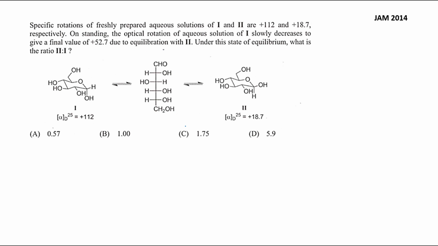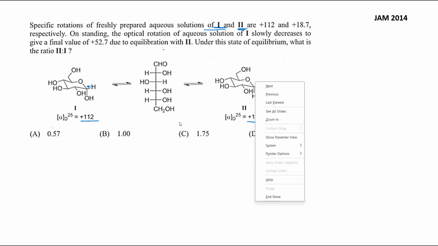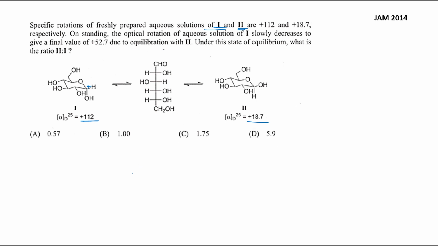Specific rotation of freshly prepared aqueous solution of 1 and 2. So 1 is plus 112, and for the other one, that is 2, it is plus 18.7. Now see, these two have all the same chiral centers, only this chiral center is different, where OH is axial and equatorial. Otherwise you will not find any difference in the other chiral centers. But whatever the relationship, the values are given, 112 and 18.7.